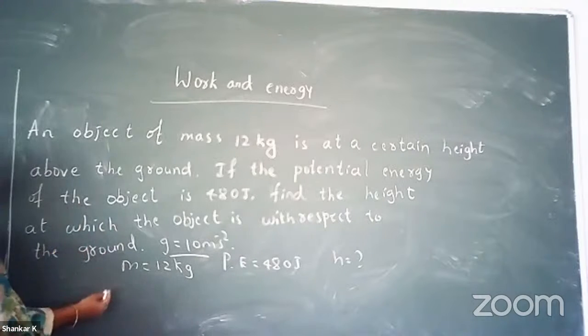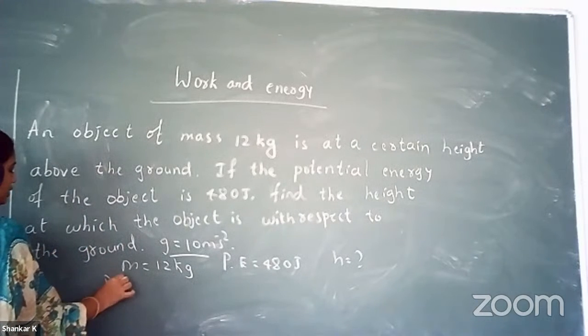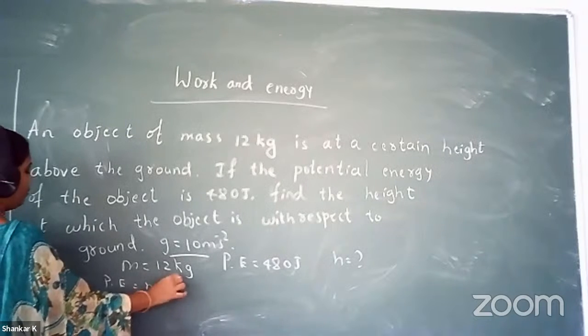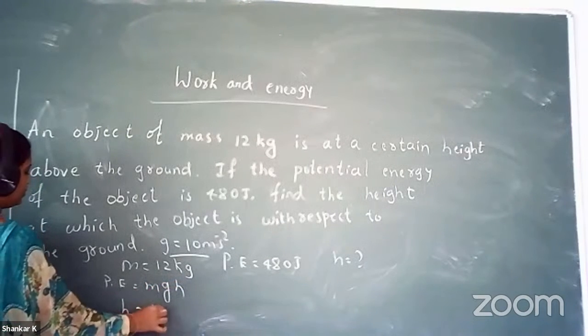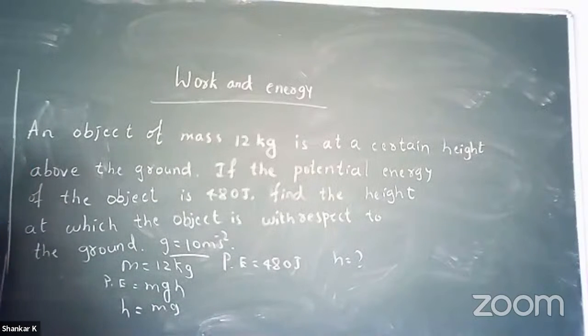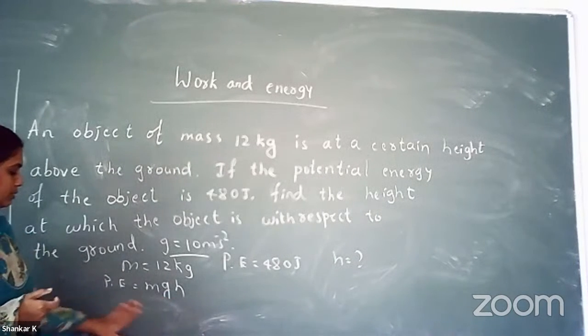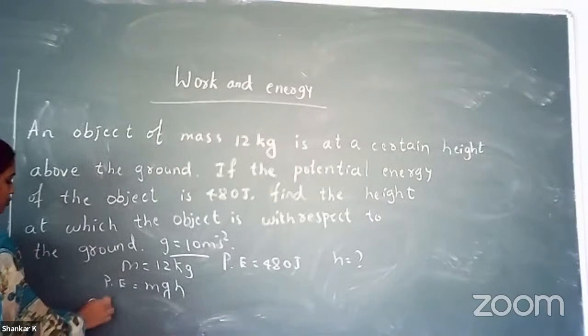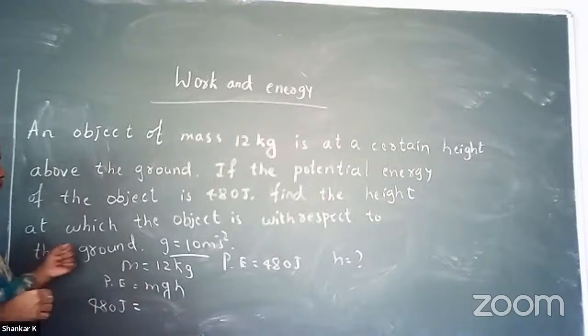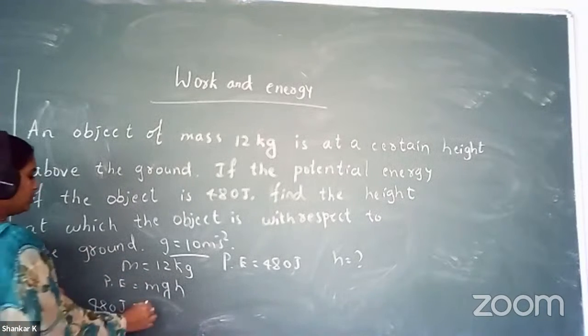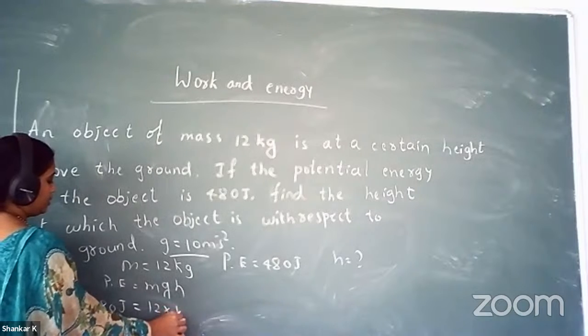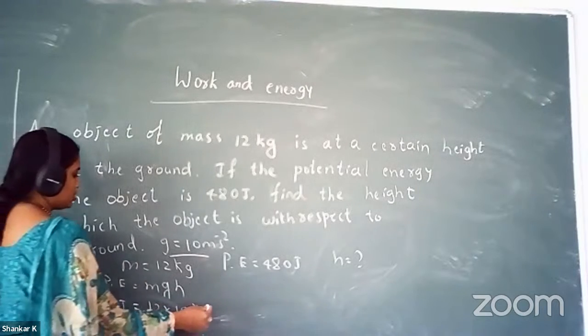Then we know that potential energy is equal to mgh. So we do it like this: potential energy, 480 joule, is equal to m, 12, into g, 10 meters per second square, into h, which we have to find.